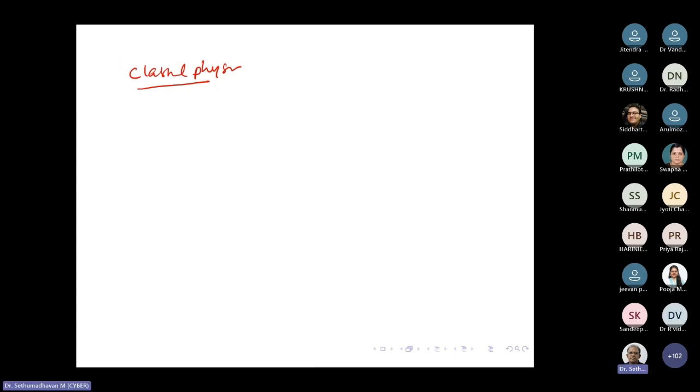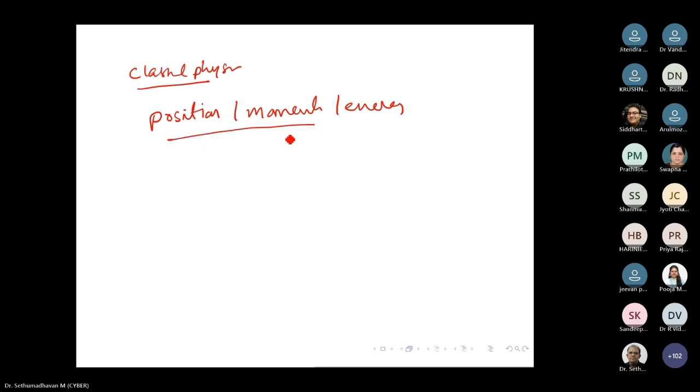Every particle carries with it physical quantities like position, momentum, and energy. So any particle will have these three: position, momentum, and energy.